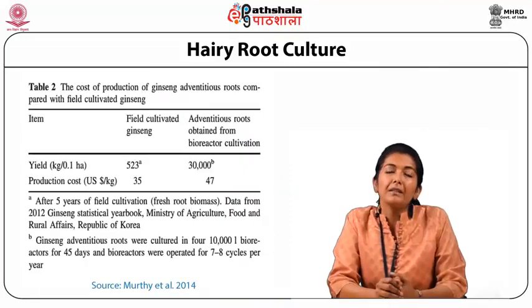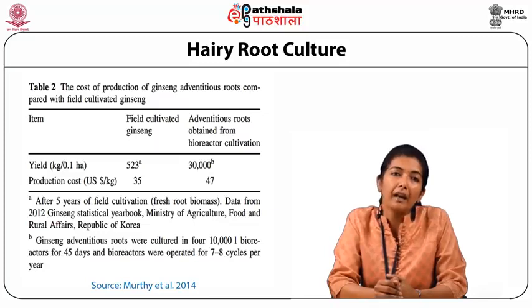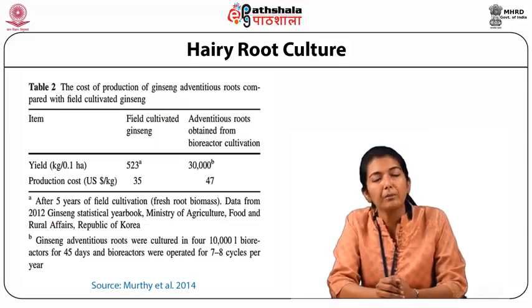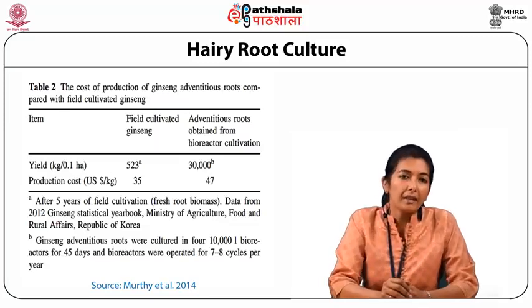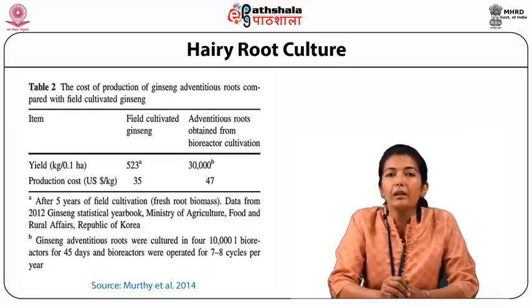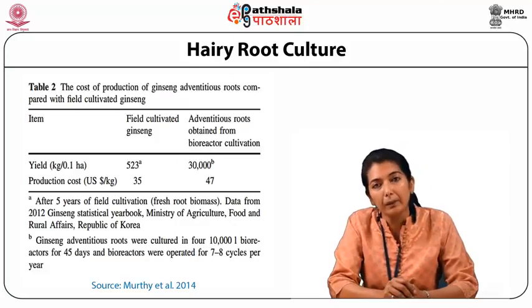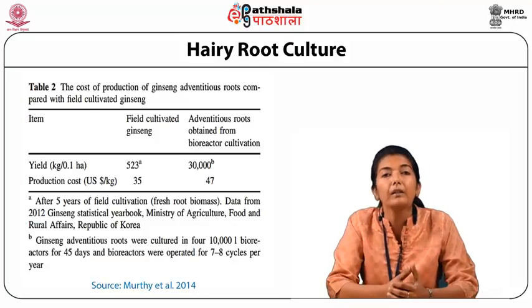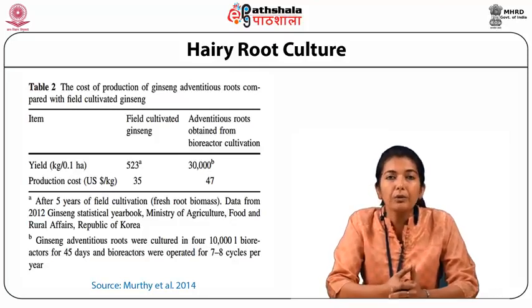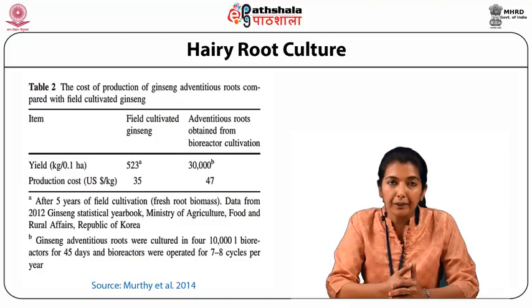Students, in this slide, I want to highlight the benefit of carrying out secondary metabolite production under an in vitro system. As you can see in this slide, there is a comparison between field cultivated ginseng and roots which are growing in a bioreactor.